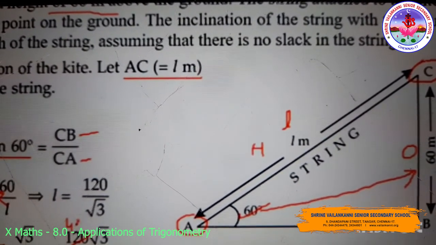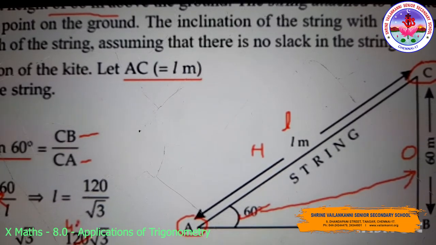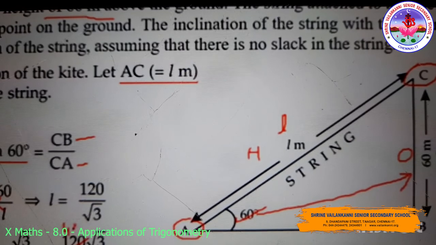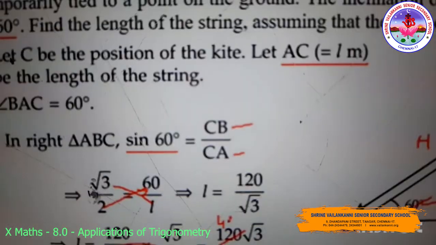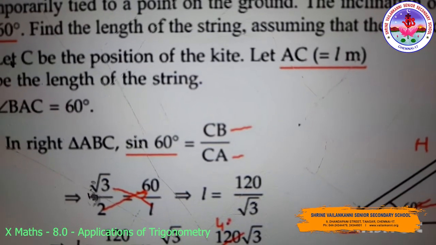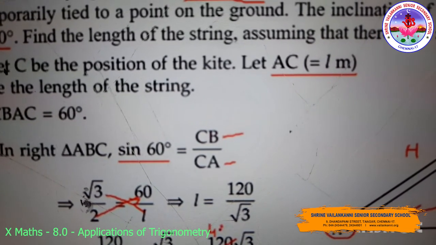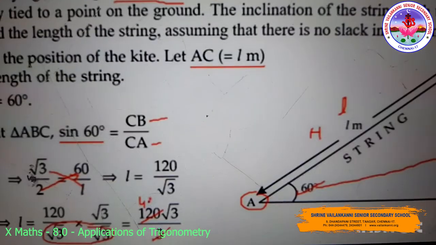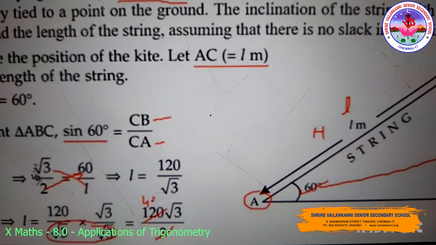To find out the length of the string AC. Since BC is in a vertical position, we get triangle ABC is a right angle triangle. Angle B is 90. So I will get AC as the hypotenuse and BC as the opposite side, AB as the adjacent side. Now we know that sin 60 is equal to BC by AC.